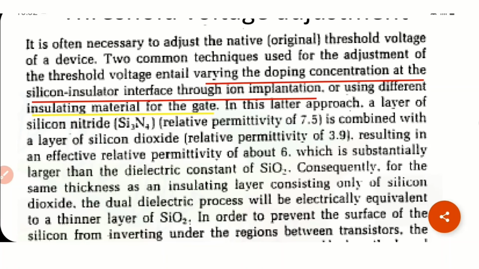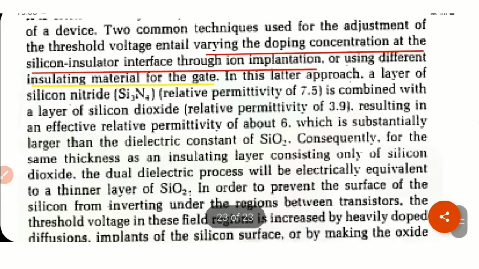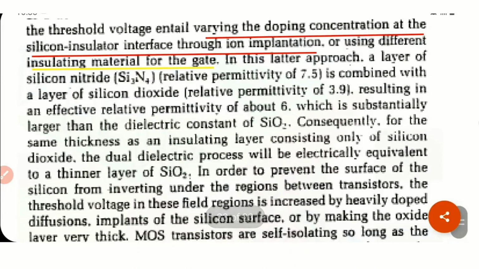Either the doping concentration can be varied, or the insulating material that is used for the gate has to be varied. So in the latter approach, a layer of silicon nitride is combined with a layer of silicon dioxide, resulting in an effective relative permittivity of about 6, which is substantially larger than the dielectric constant of silicon dioxide.